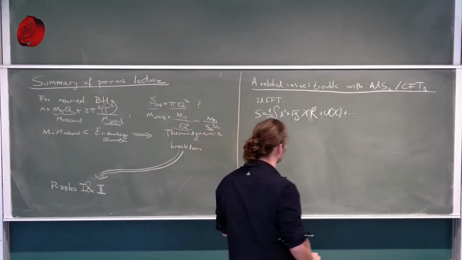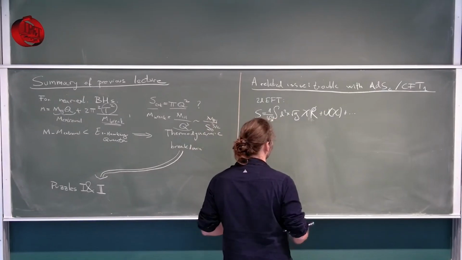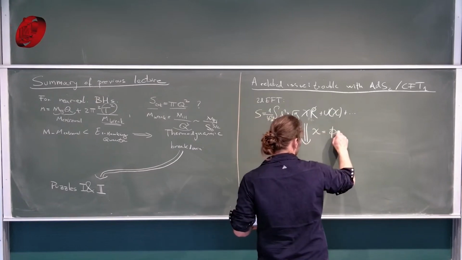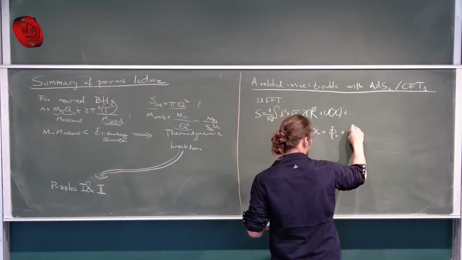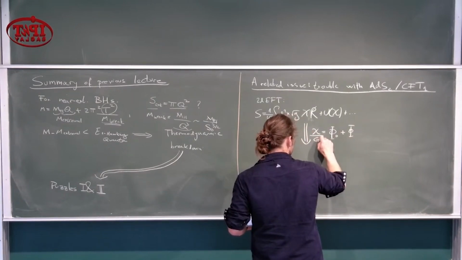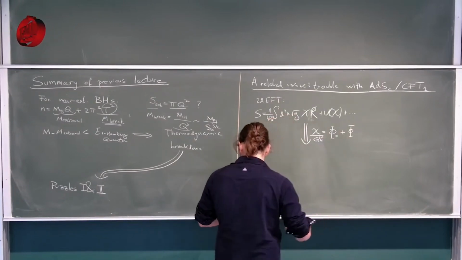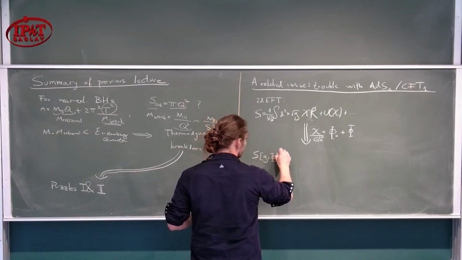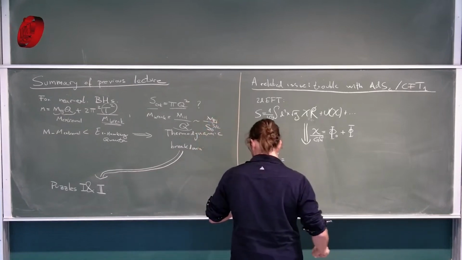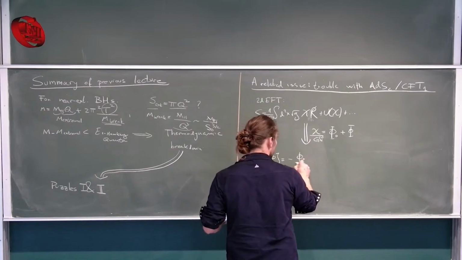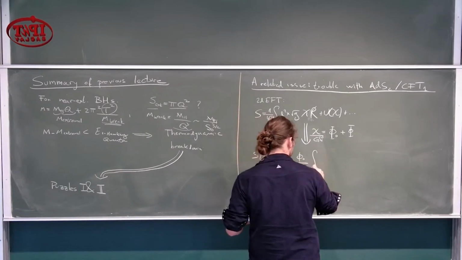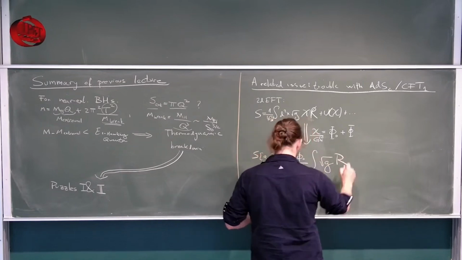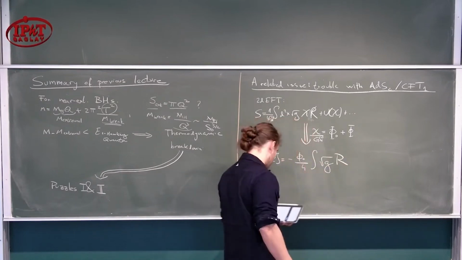But in the near horizon region, we saw that we could expand the dilaton chi around its extremal value plus some small deviation. And this gave rise to a much simpler gravitational theory, in which we simply have one term that's the analog of the Einstein-Hilbert term in 2 dimensions, multiplied by phi 0.